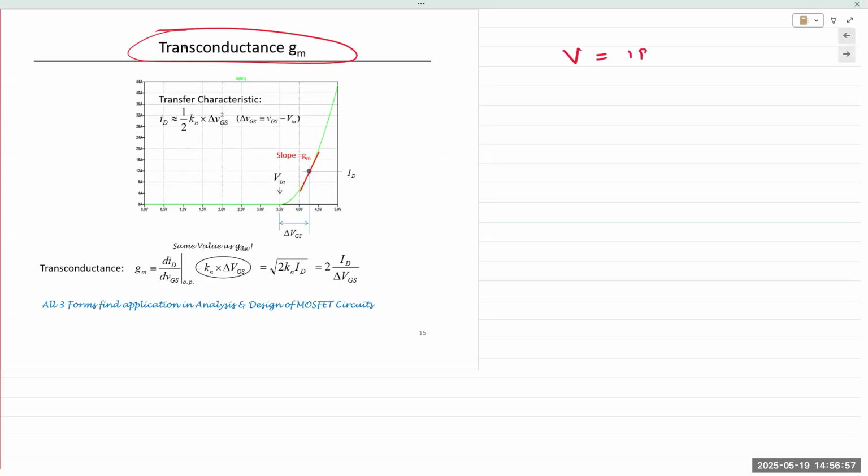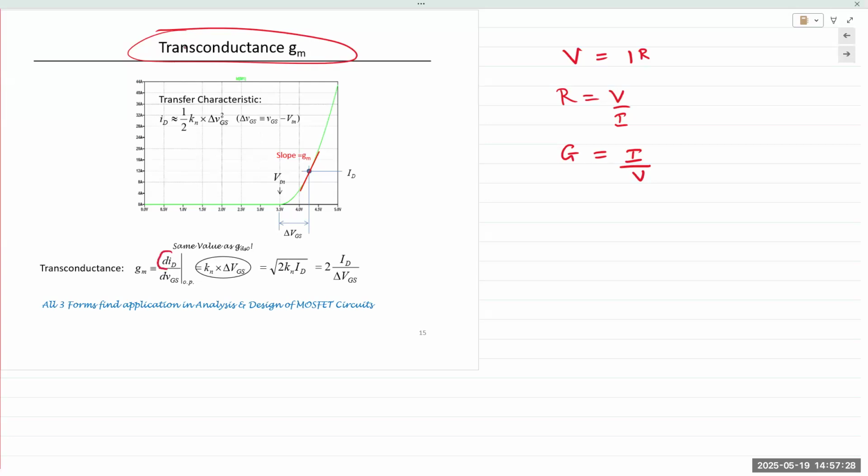Ohm's law, V equals IR. R is V over I. Inverse of resistance is conductance G, which is I over V. So transconductance is transfer conductance. How is the input being transferred to the output? It's a ratio of the output current to the input voltage.